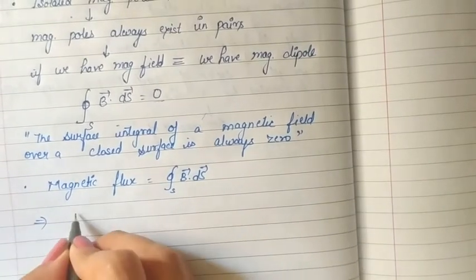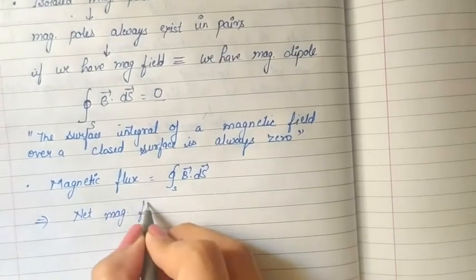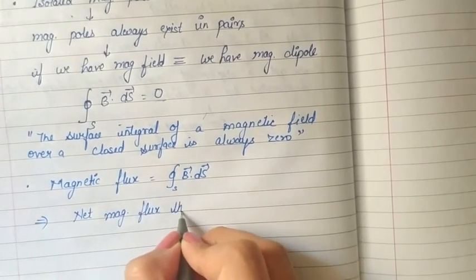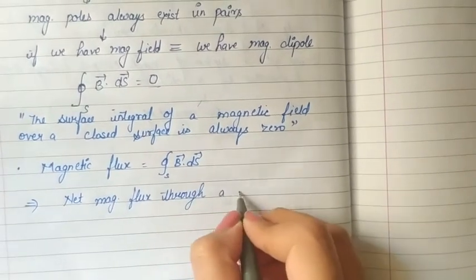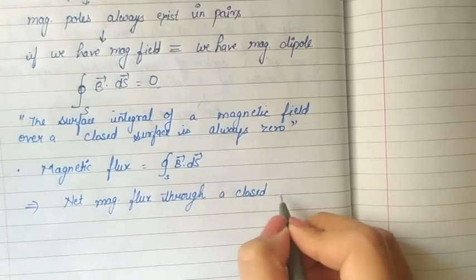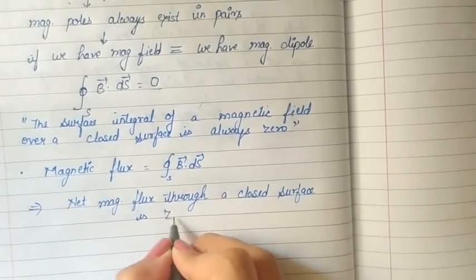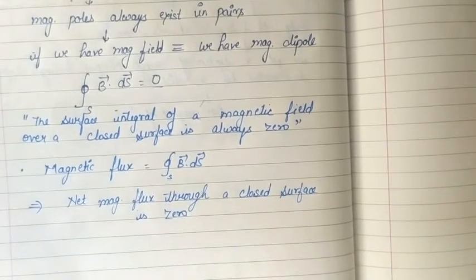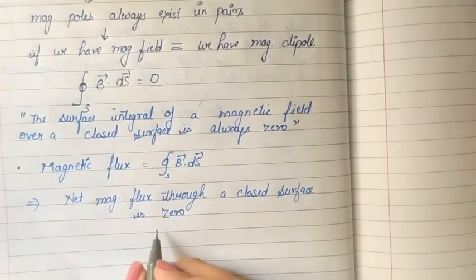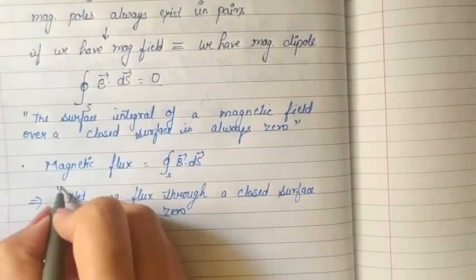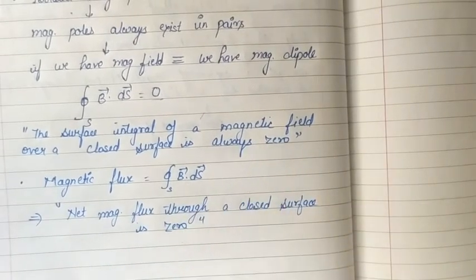That implies the net magnetic flux through a closed surface is 0. So we can also state Gauss law as the net magnetic flux through a closed surface is 0, or we can state it as the surface integral of magnetic field over a closed surface is always 0.